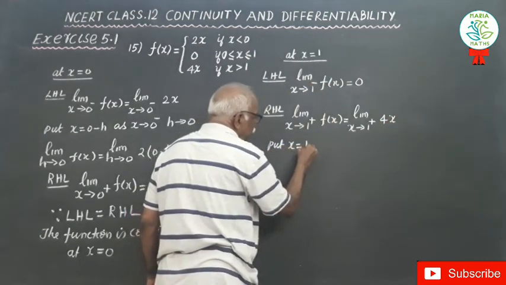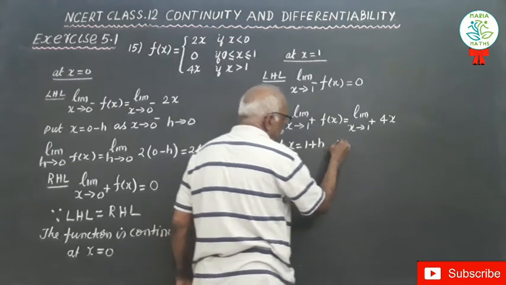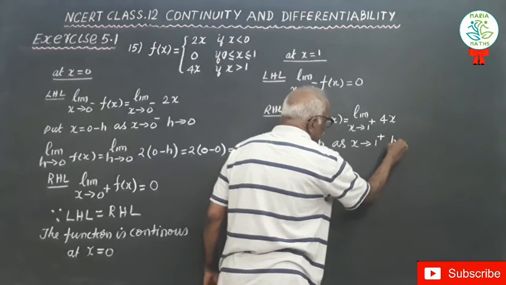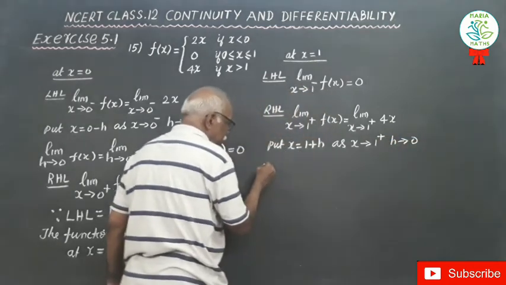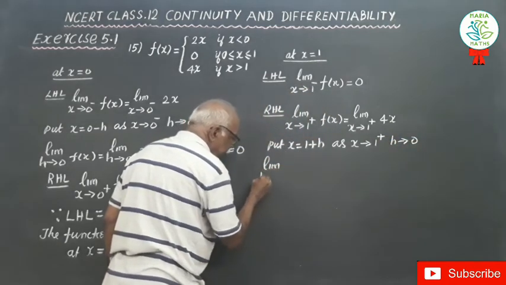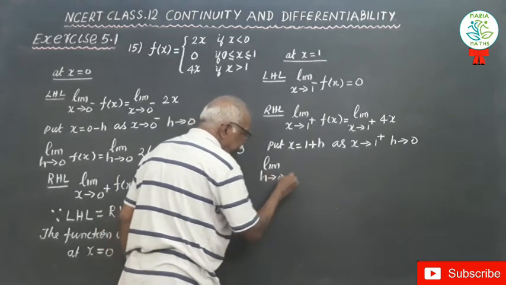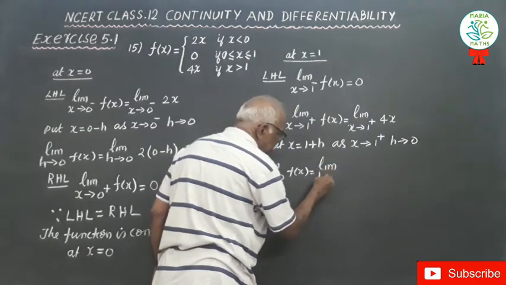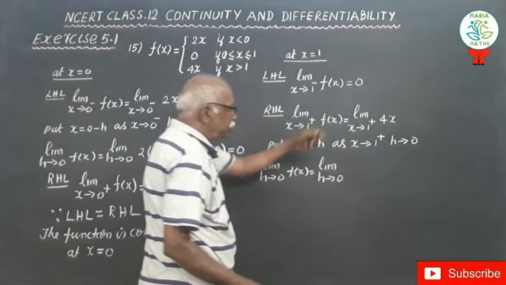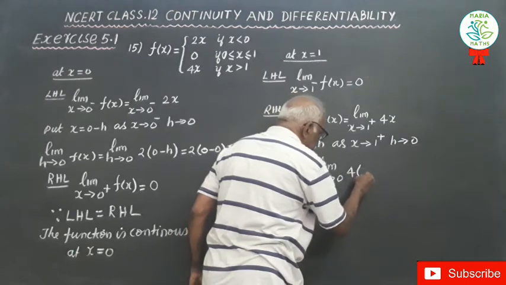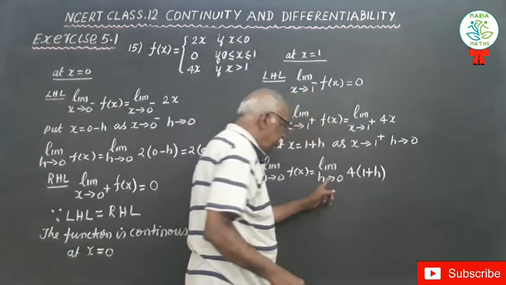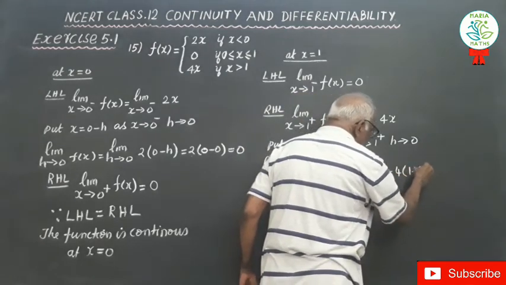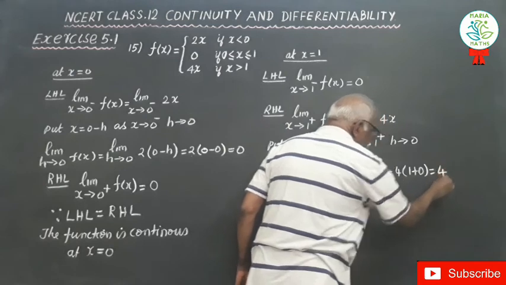x is equal to 1 plus h, as x tends to 1 plus, h tends to 0. Limit h tends to 0, f of x is 4x, 4 into 1 plus h. Substitute h is equal to 0. 4 into 1 plus 0, 1 plus 0 is 1, 4 into 1 is 4.